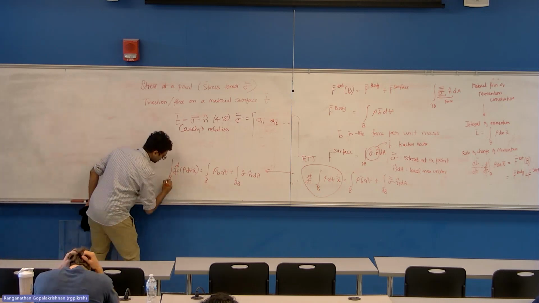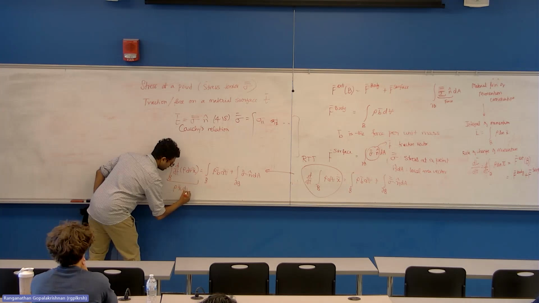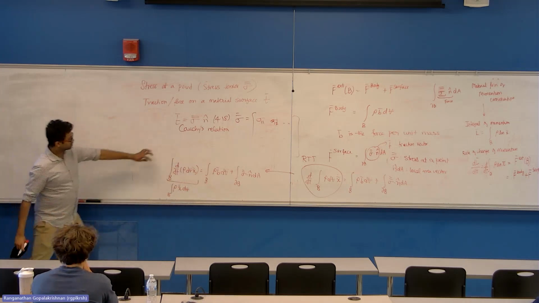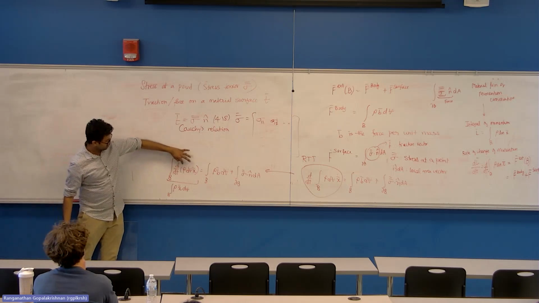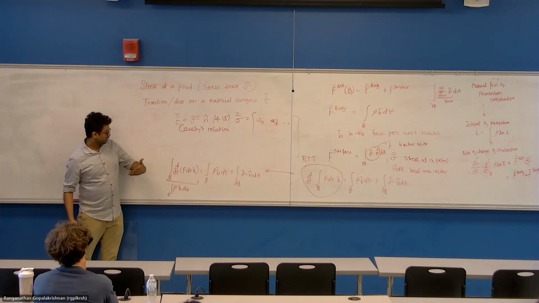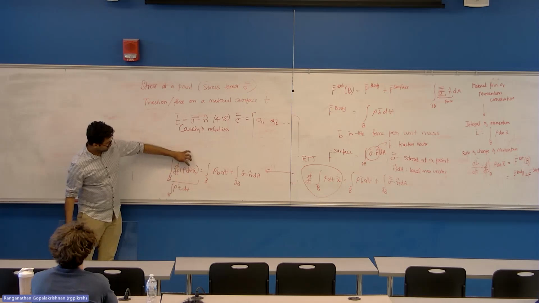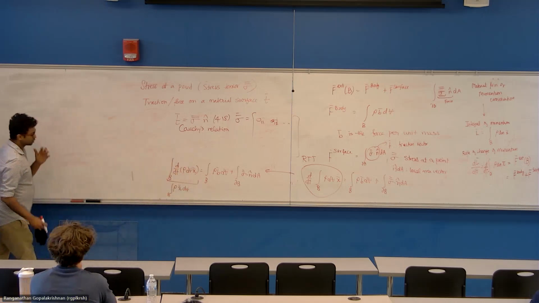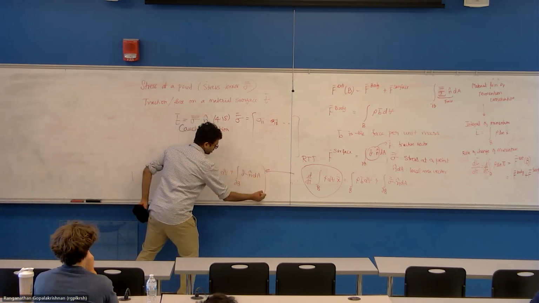I'm going to rewrite this as rho x double dot dv over the volume. Why? Because density is not time dependent, and we are just taking the derivative of the velocity here.